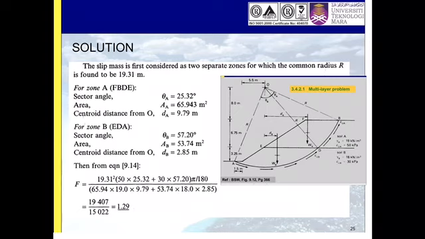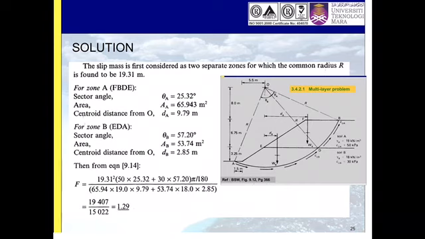the theta for the top layer is 25.32 degrees. When we have two layers, two sectors, two theta, so we have 2W. So the W for layer A, the solid A, is WA, and W, the weight, because W is the force, right?